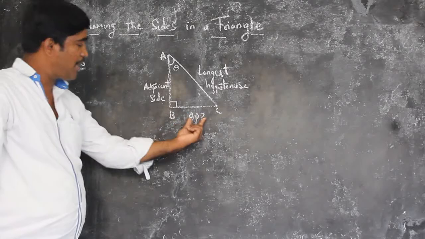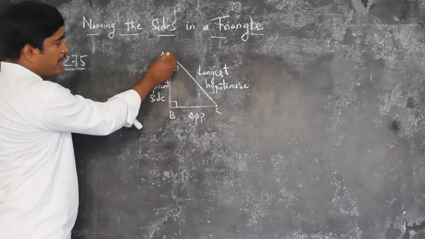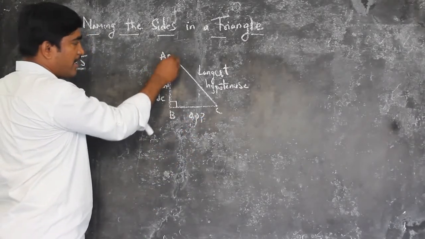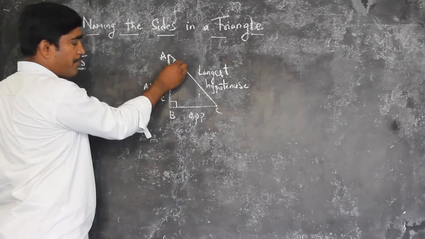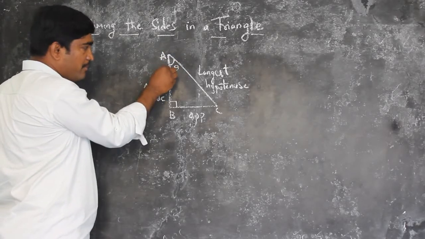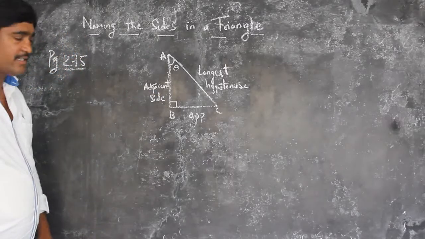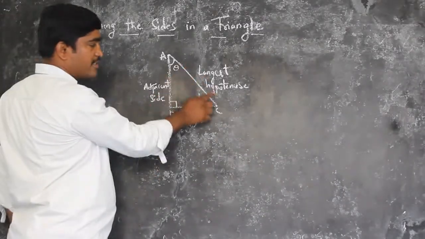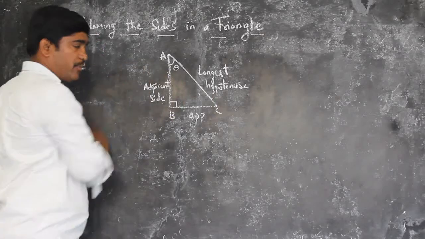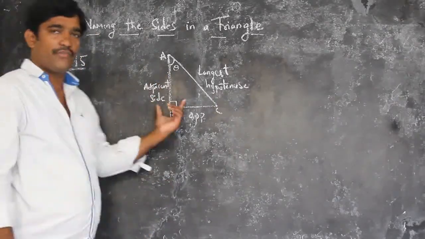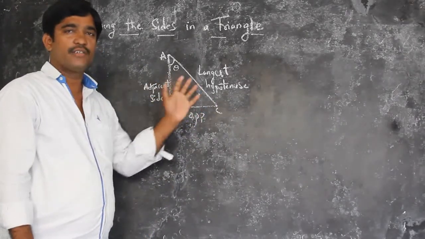For the opposite side, if you observe these two lines, this is the upper and this is below. So this side is considered the adjacent side, and the longest side is always considered the hypotenuse.